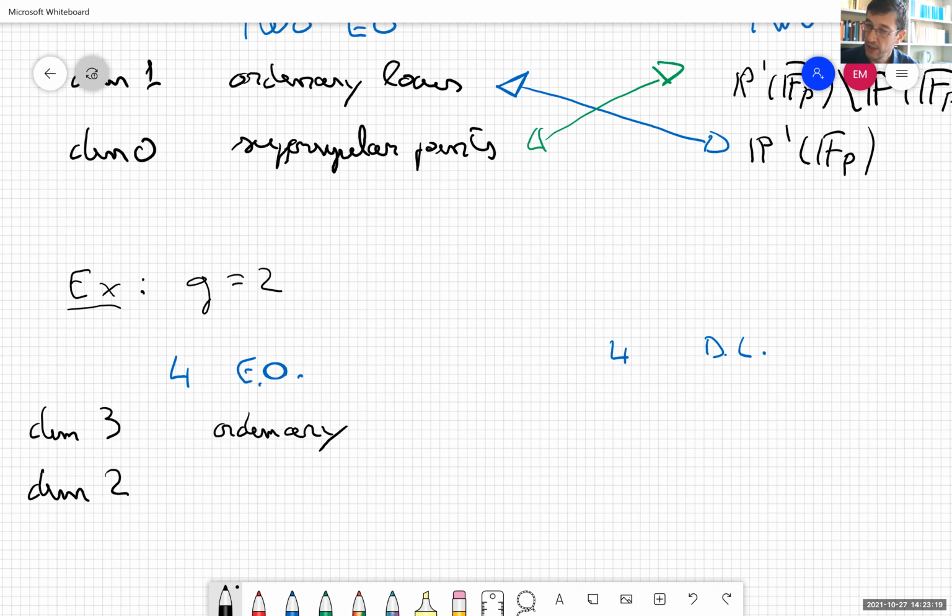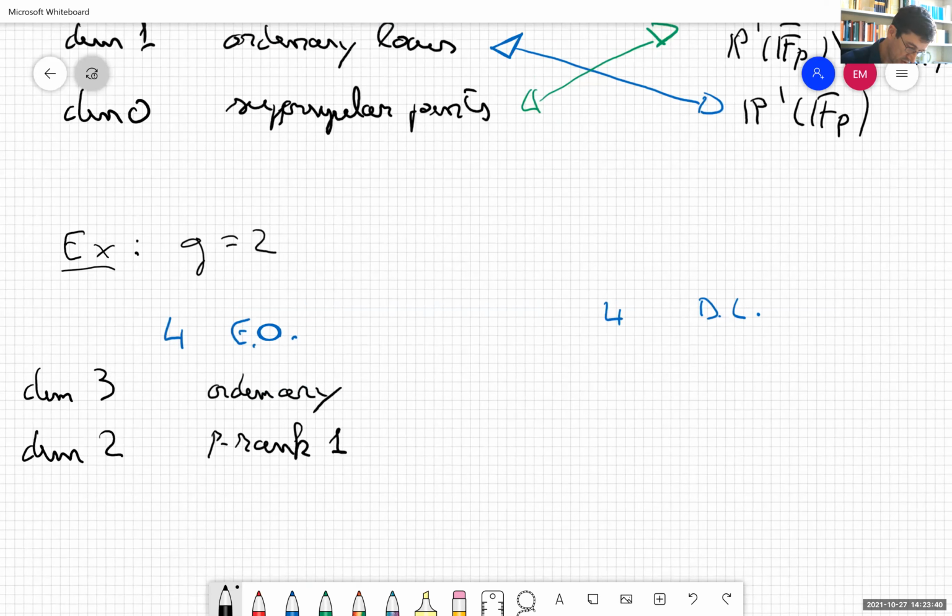This consists of abelian varieties whose p torsion, if you take the F_p bar points, is an F_p vector space of dimension at most 2. It is 2 if your abelian variety is ordinary. Otherwise, it has dimension 1 or dimension 0. And when it's dimension 1, we say that it's of p-rank 1. And then dimension drops if you have something which is supersingular.